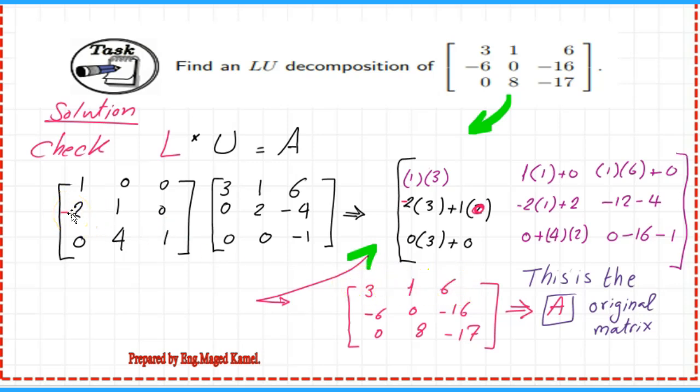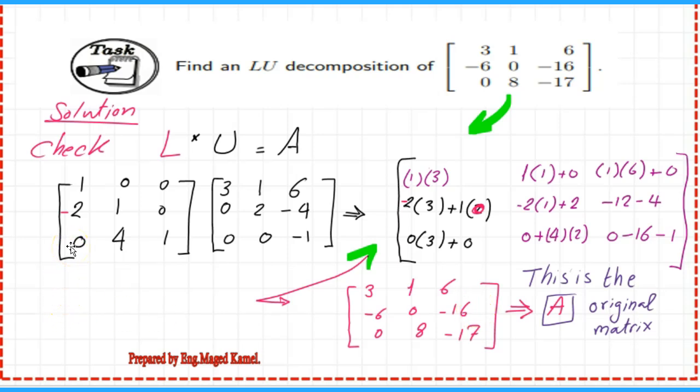This is -2. It means that we have multiplied the first row by -2 and added to the second row. -2 by 3 is -6, add to 0 is -6. -2 by 1 is -2, add to 2, 0. -2 by 6, -12, plus -4 is -16.